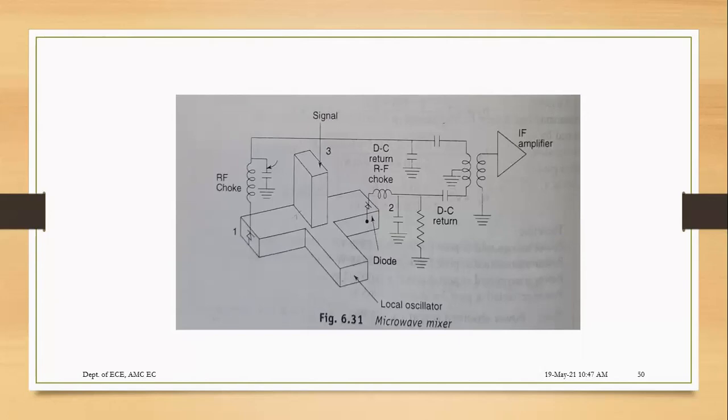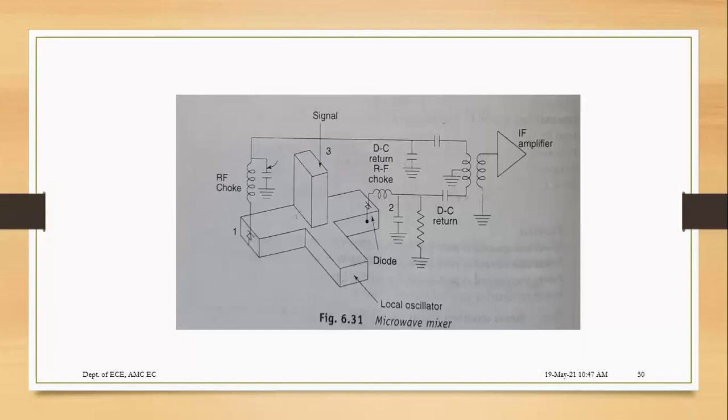So these signals are mixed in nonlinear diodes. These are the nonlinear diodes where they will be mixed. And these signals will produce the IF signal, that is the intermediate frequency signals, in the collinear arms, which are 180 degrees out of phase.